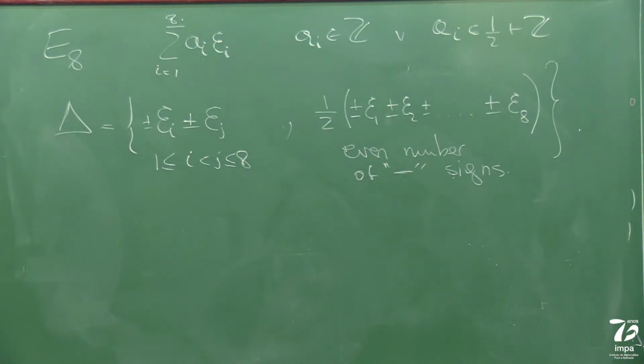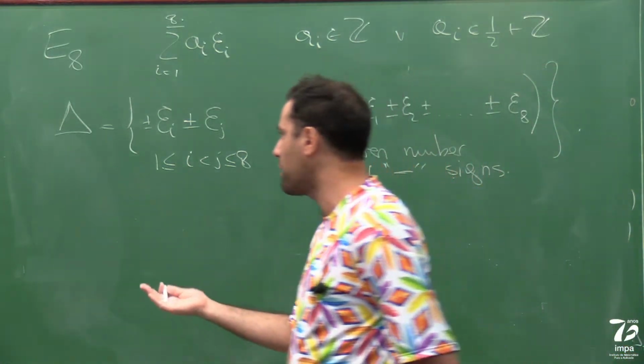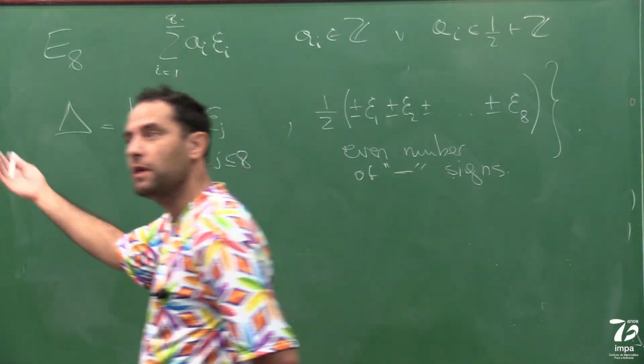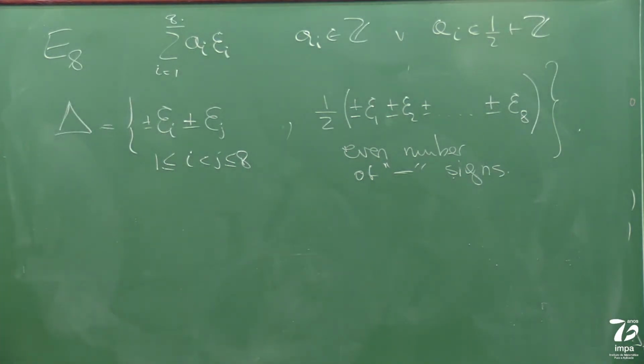So the reason we cannot use the same argument as before of taking f of epsilon i to be 9 minus i is that that thing is going to end up being 0 in some of these roots.